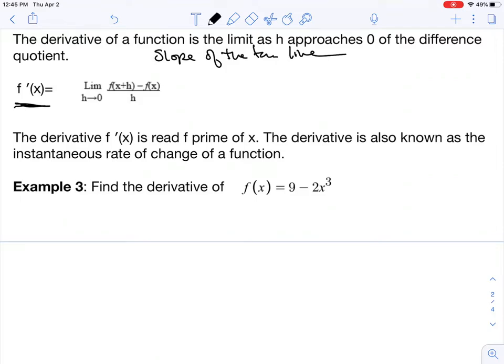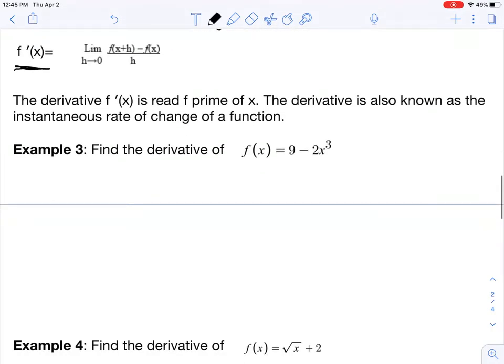You go ahead and plug that in and give it a try, and then come back and we'll see if we agree.